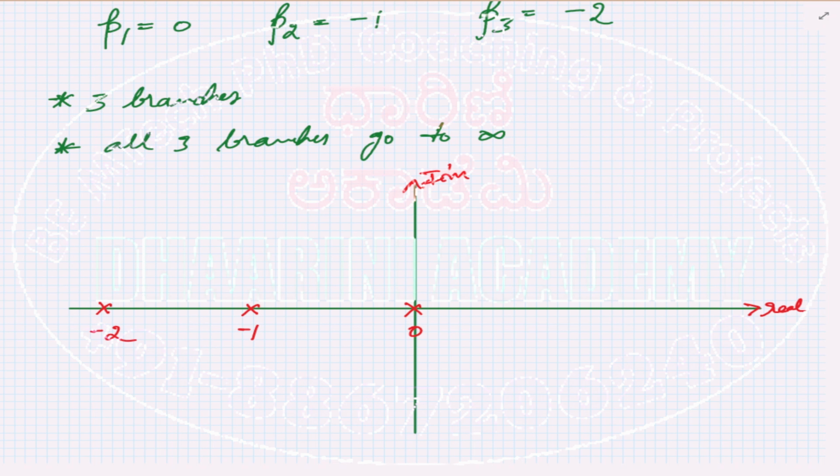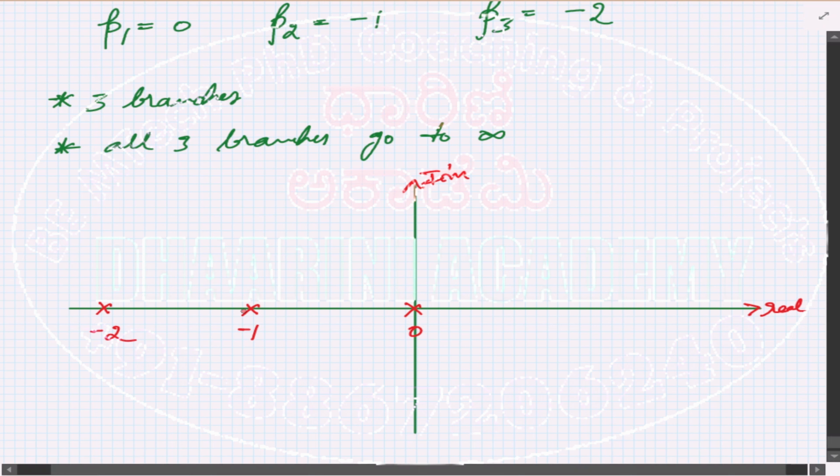Yes, so I can say which part of the real axis has the root locus. I come to know that between 0 and -1 I have the locus, correct? And since both are coming towards each other, I am expecting a breakaway at a later stage.